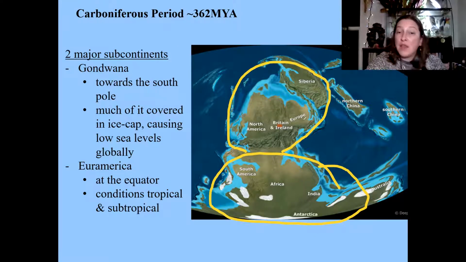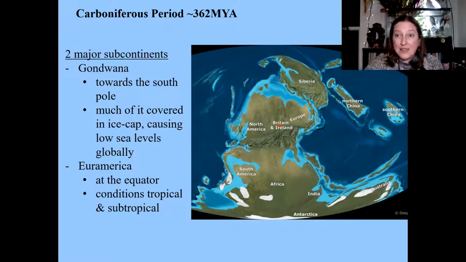And this landmass here, Euramerica, is at the equator. You can see this lighter colored blue, which is showing really shallow seas all around that continent. And remember, this is at the equator, so it would be super tropical and subtropical.